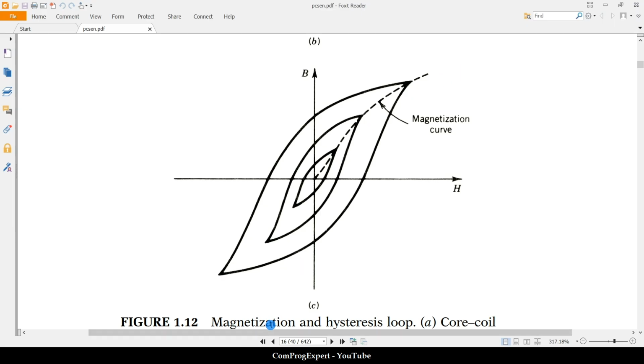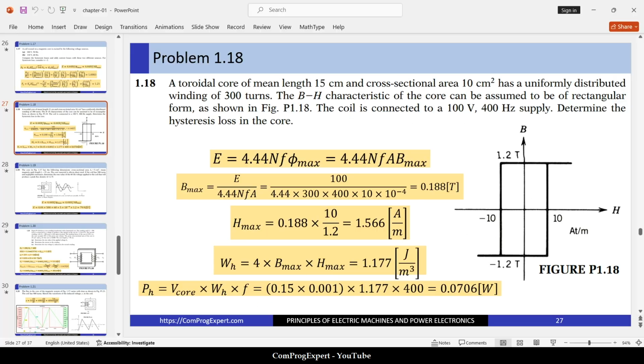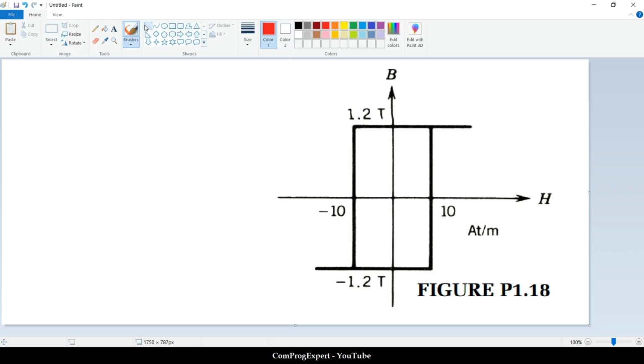So here in this example, the Bmax that we calculated is equal to 0.188 Tesla. We can consider this normal magnetization curve, and if we excite the coil considering a lower number of H, lower than 10, for example this number, this is the trajectory of the operating point in the HB curve for the coil core system.